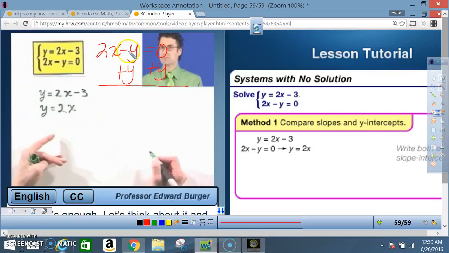A negative y, when combined with a positive y, goes to 0. So that's gone. What's left on this side then is just 2x. Bring your equal sign down. And then what's 0 plus y? That's going to equal y. So we get that y is equal to 2x, or we can say 2x is equal to y. So we can rewrite this as y is equal to 2x.